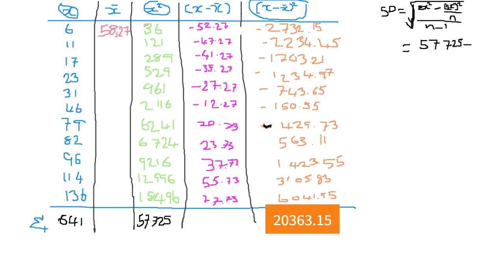What is 641 squared, someone? 410881. Yes, concurred.